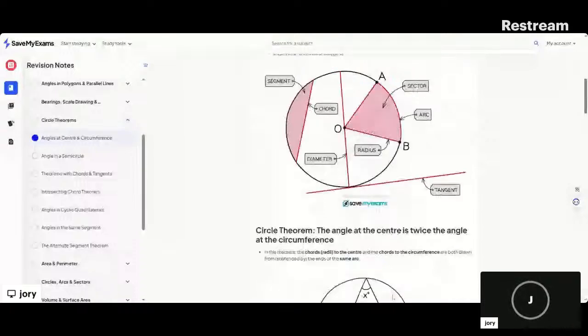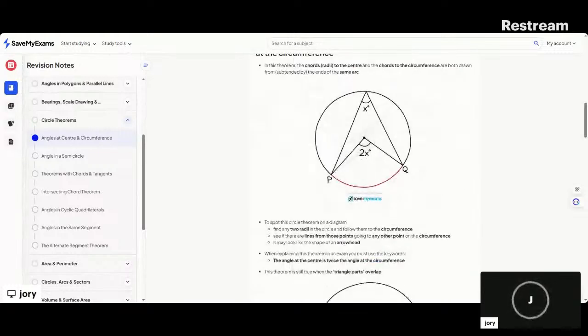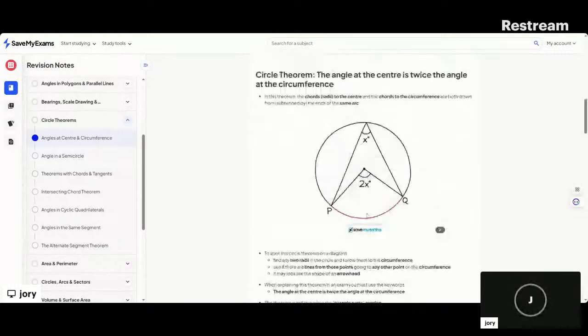Okay, so we got arc, chord. Chord is a line, pretty much. The sector is a part in an arc, and a segment is a part from a chord. The angles at the center are equal to twice the angles at the circumference if all the chords are drawn from the same arc.